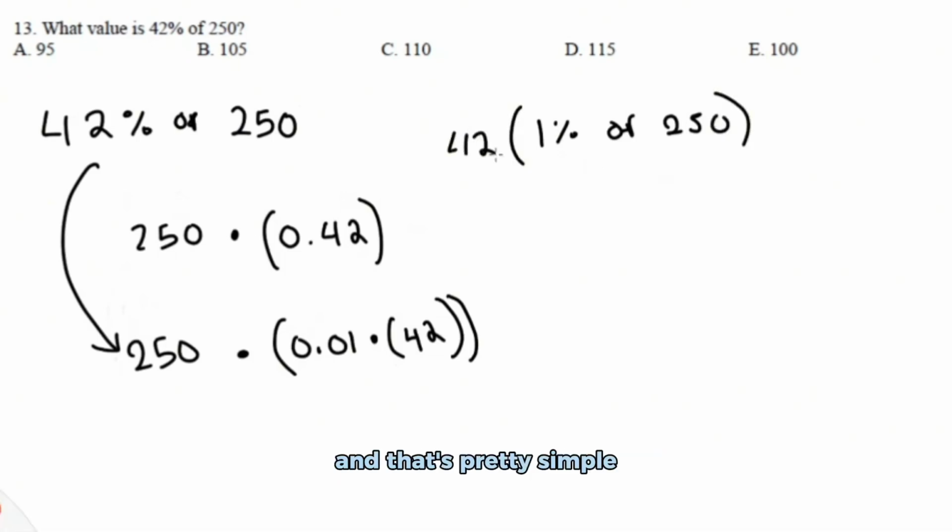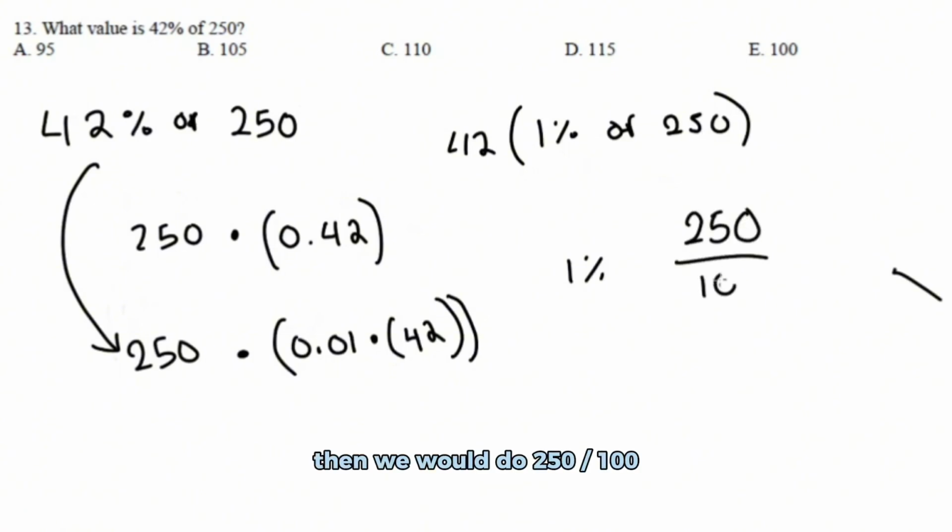And that's pretty simple because when you have 1% of a number, right? So for this case, 250, all you have to do to find what 1% equals is divide the number by 100. So if we're trying to find 1% of 250, then we would do 250 divided by 100.